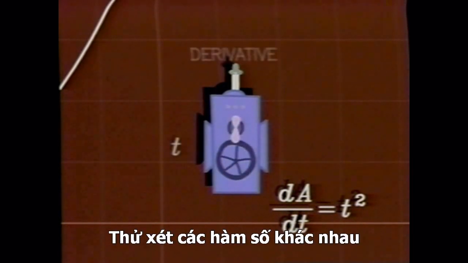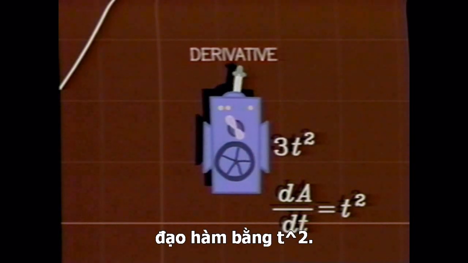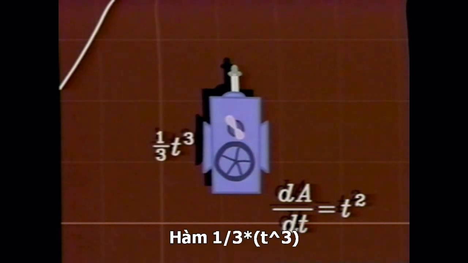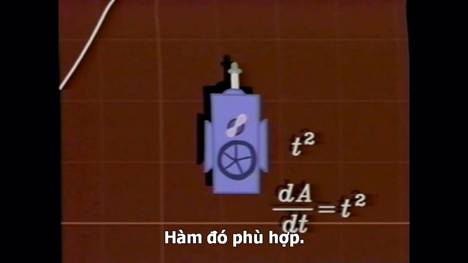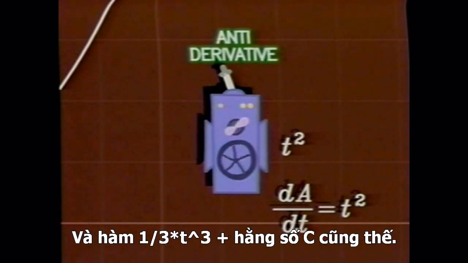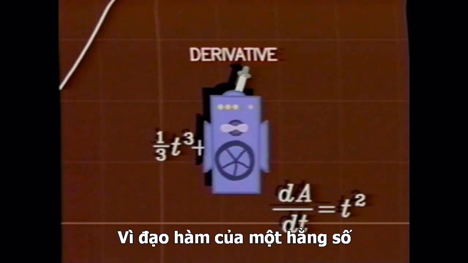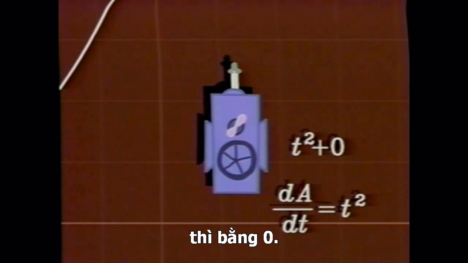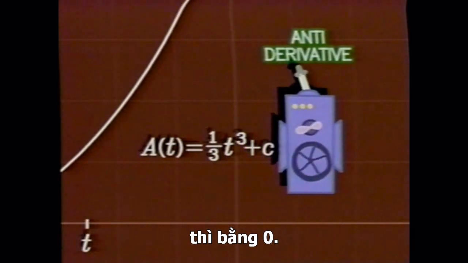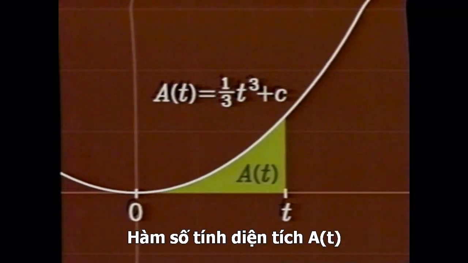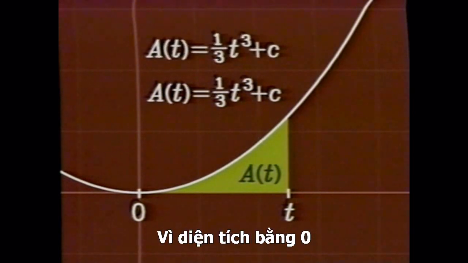Trying various functions to see which one has t squared as its derivative, 1/3 t cubed eventually comes to mind. That works. And so does 1/3 t cubed plus a constant, because the derivative of a constant is 0. The area function A of t is 1/3 t cubed plus a constant.